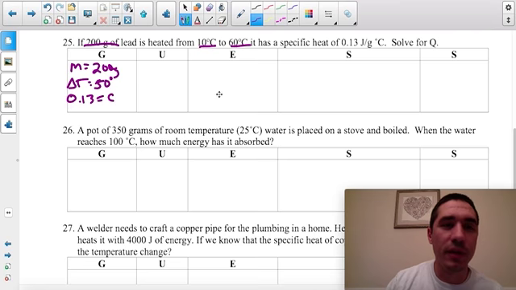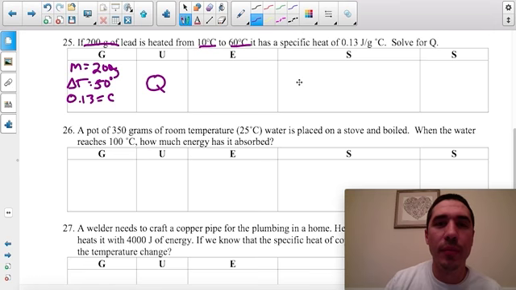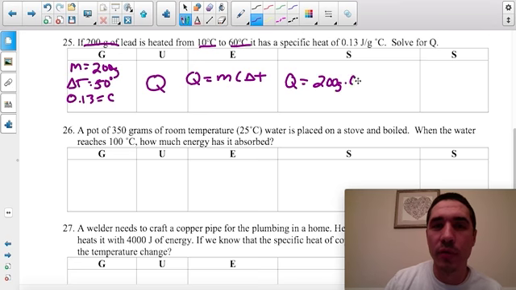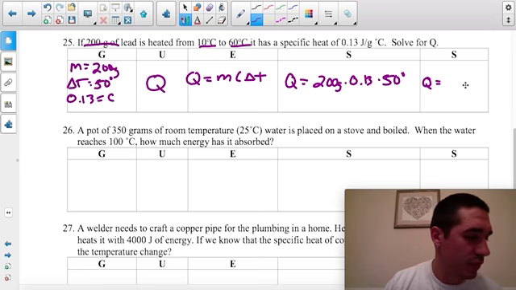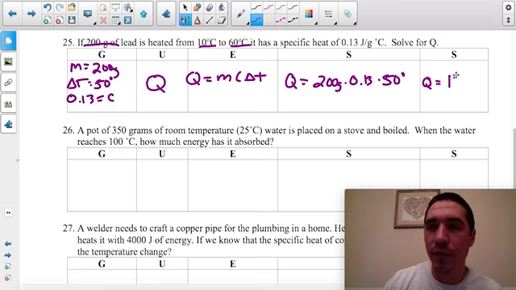So that's my C. How much energy is absorbed in that process? So it's going to be Q equals MC change in T. Q is 200 grams times 0.13, my specific heat, times 50 degrees. This would give me a Q of 1300 joules.